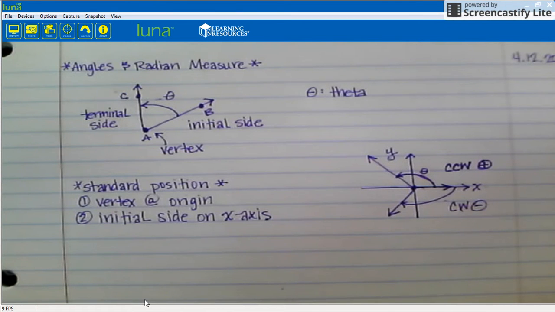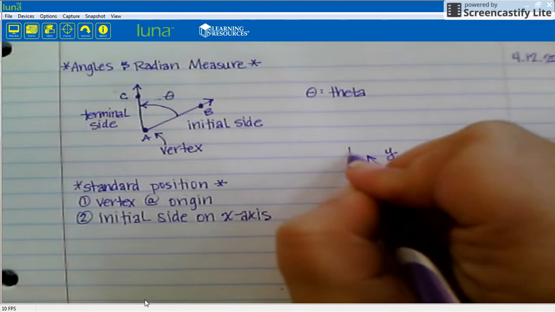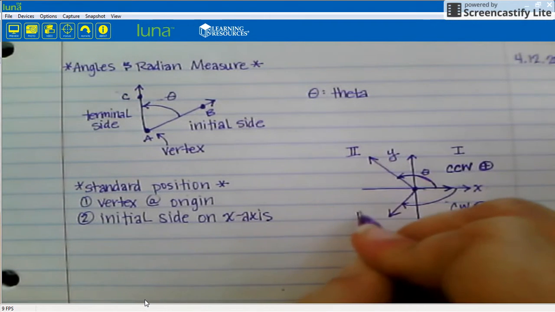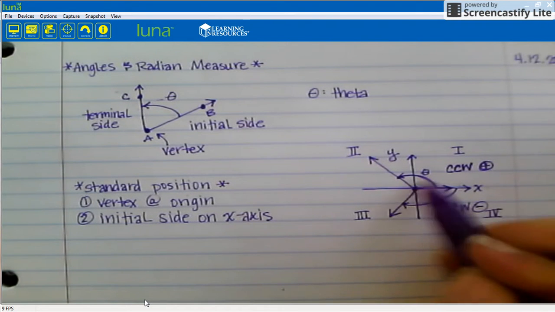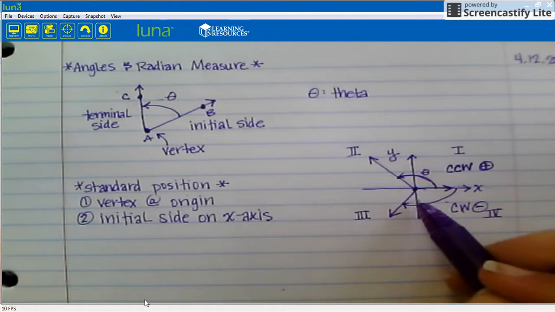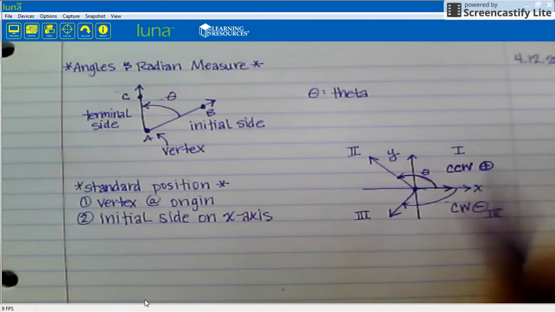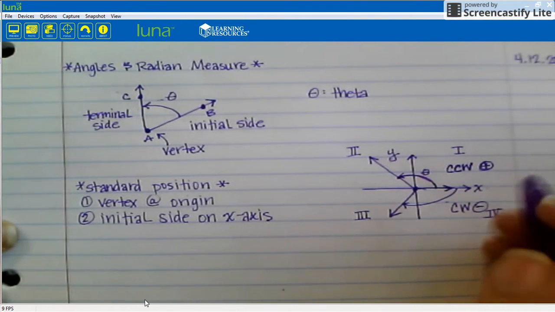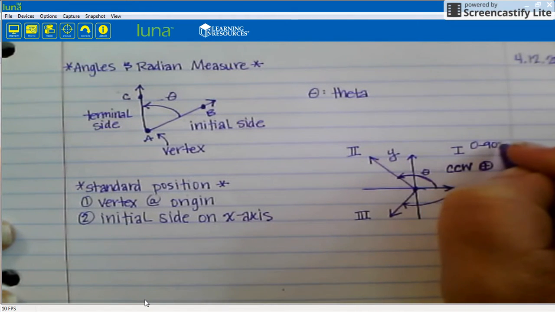When you are working with angles in standard position, you'll often be asked to identify which quadrant the angle's terminal side falls in. And so you have to remember your quadrants. This is quadrant 1, 2, 3, and 4. And the total degree rotation around the origin makes a circle. So it's going to total 360 degrees. If you're in quadrant 1, then you are positive 0 to 90 degrees.